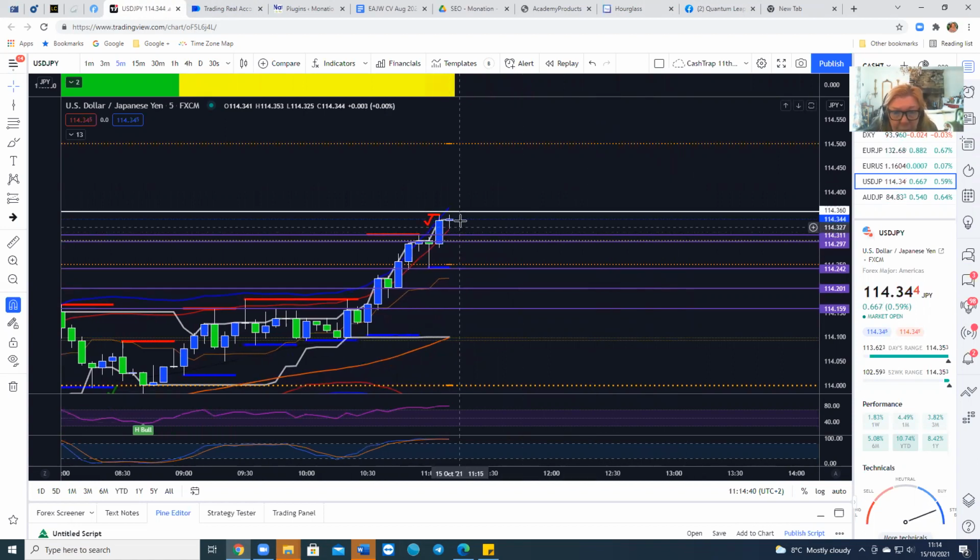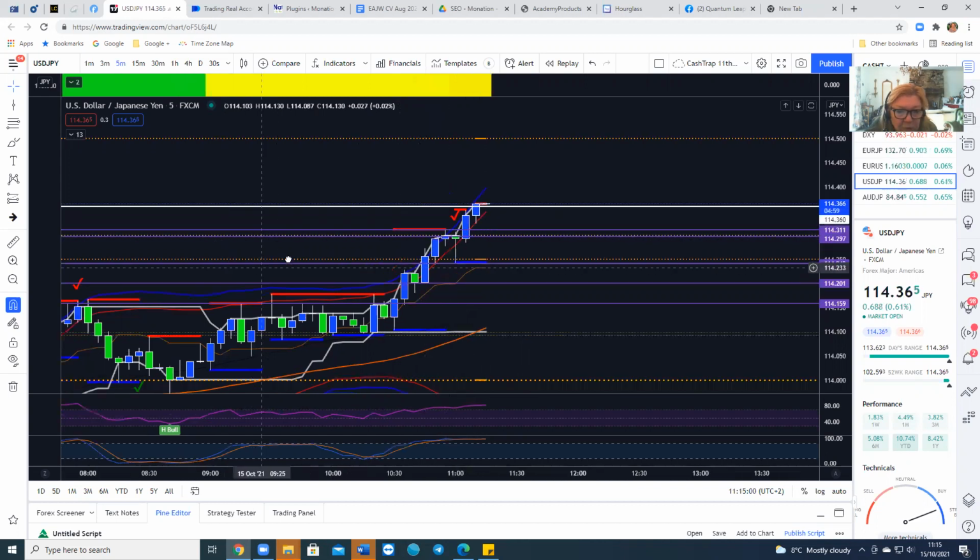So we know that price is moving up because it took this hourly line with a big buy candle. We have got that red pivot there, which means a lower high has been formed. And it's pushing on through.